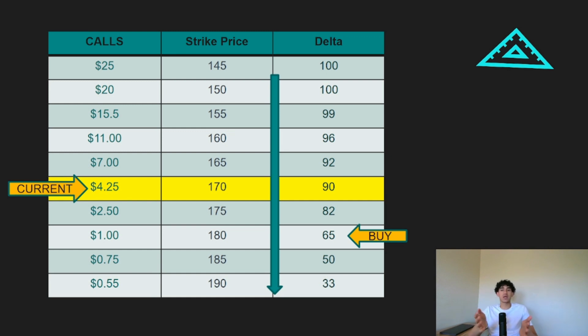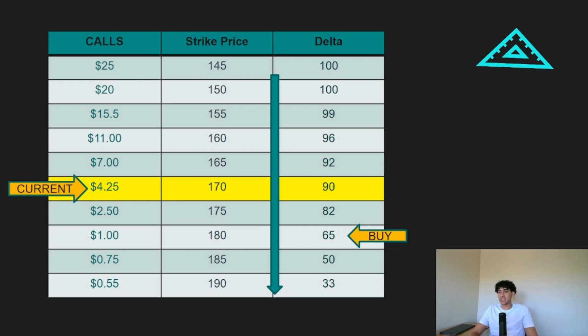Let's say we're planning on buying the 185 strike call option for the stock currently trading at $170. You see that the delta here is 65. That means for every $1 move in the stock, the option contract, which represents 100 shares, moves by $65.